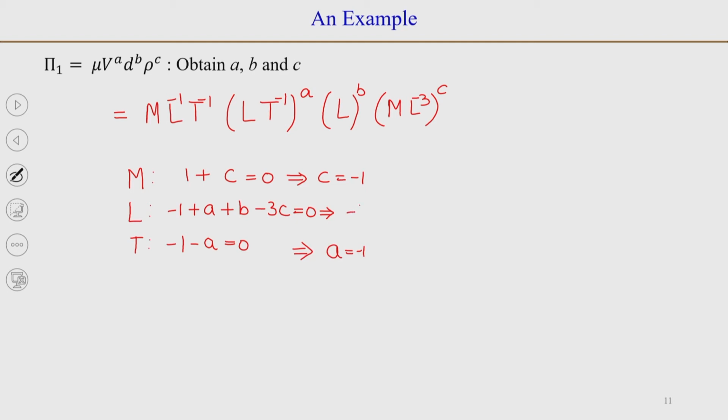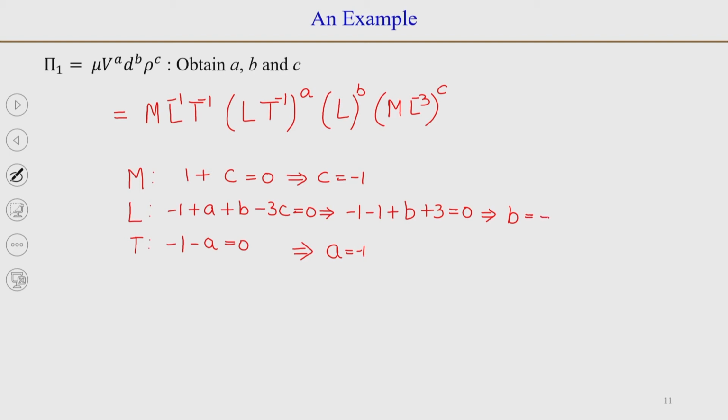So, we will have minus 1 plus B plus 3 is equal to 0, or B is equal to minus 3 plus 2.